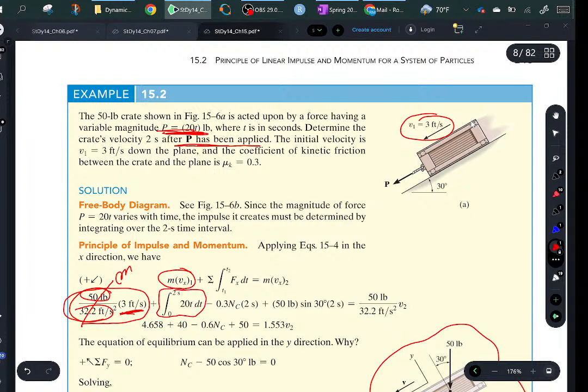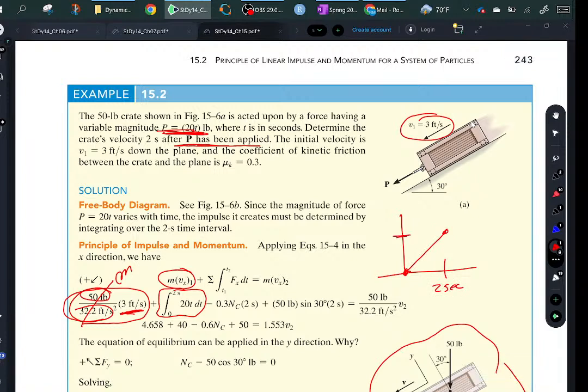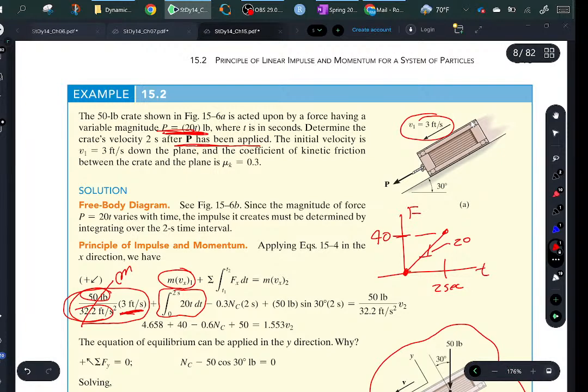Two times 2 is 4, so you see 40 along here. Just rise over run, 20. So in fact, this is the force as a function of time.